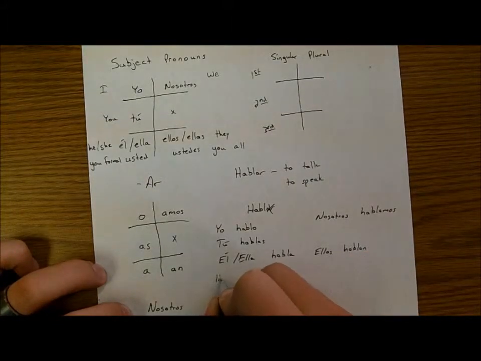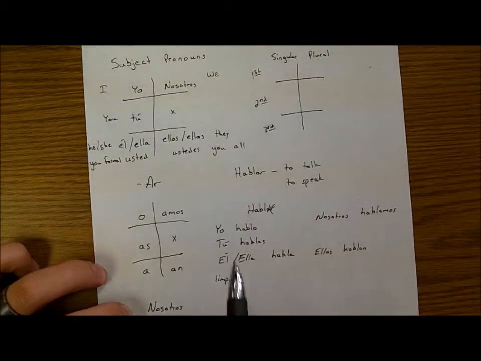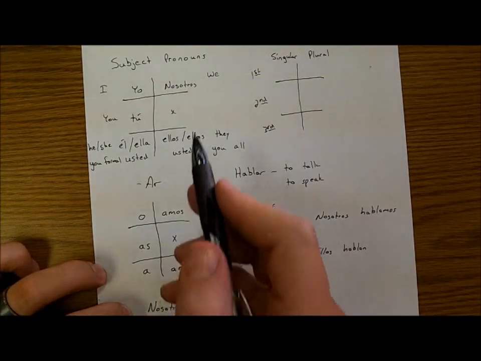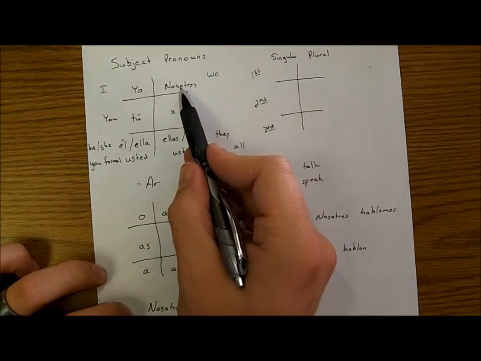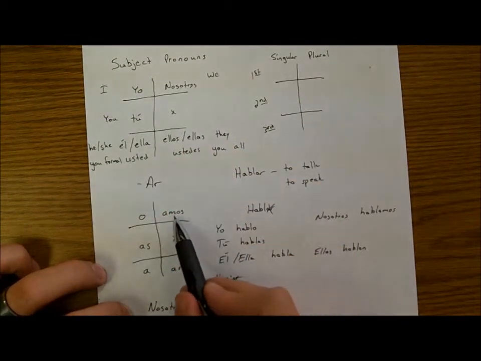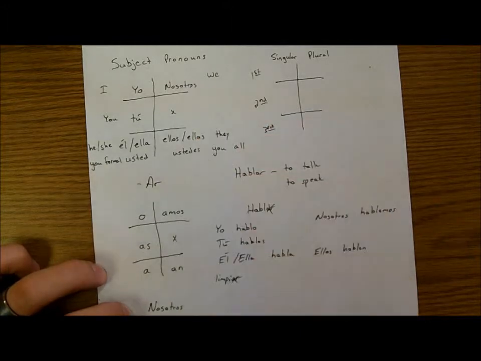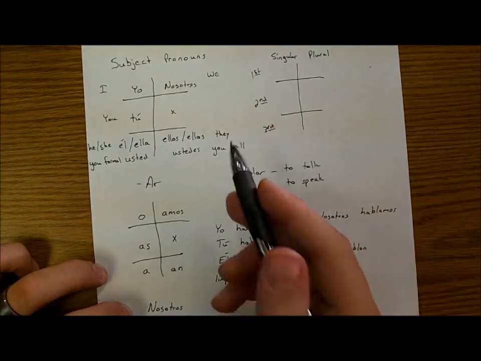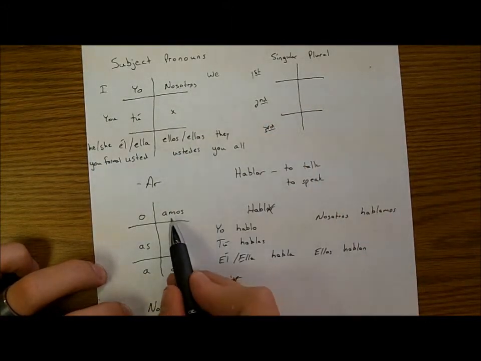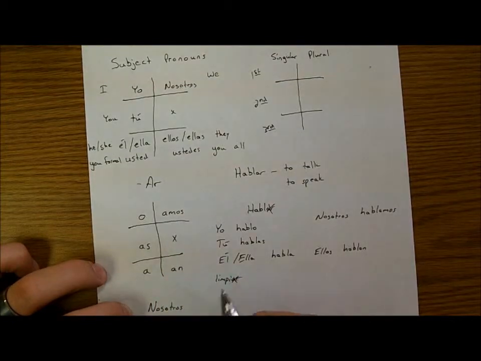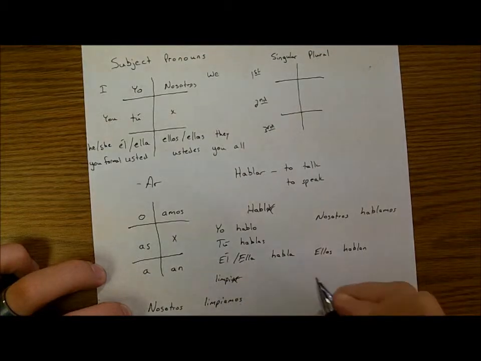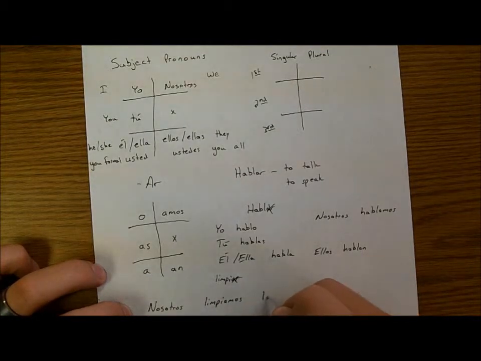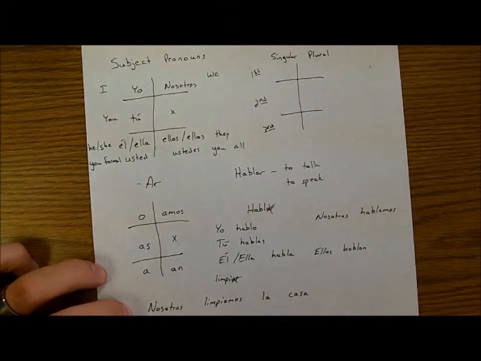So if we have limpiar, first step, take off the AR and we'll add the correct ending. We know the nosotros is in the top right hand corner of this chart, so this top right hand corner corresponds to the subject pronouns. Therefore we know that the we ending is amos. So it would be nosotros limpiamos la casa. We are cleaning the house.